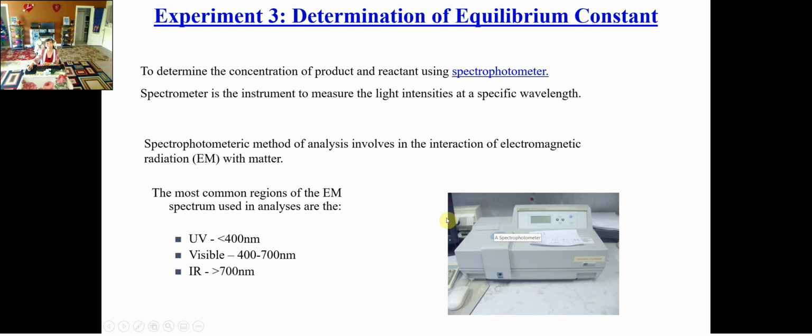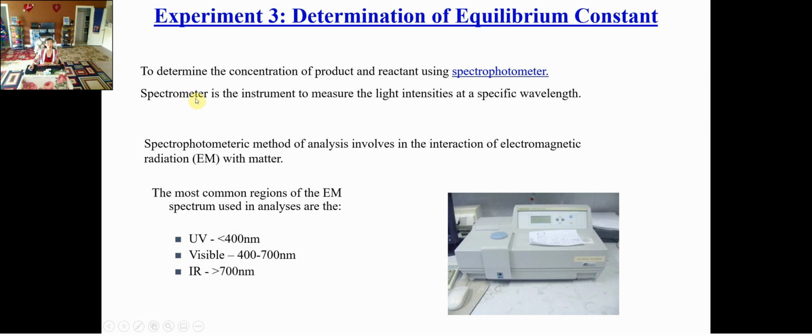How do you determine concentration at different reaction times? We are going to indirectly determine the concentration of your product or reactant using a spectrophotometer. This diagram is a very simple spectrophotometer.